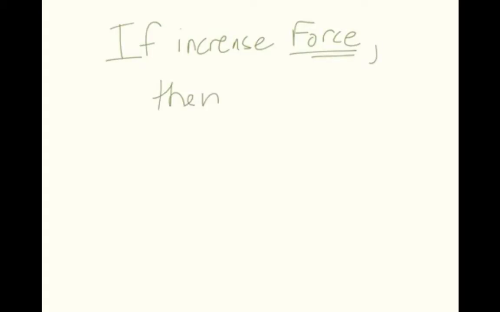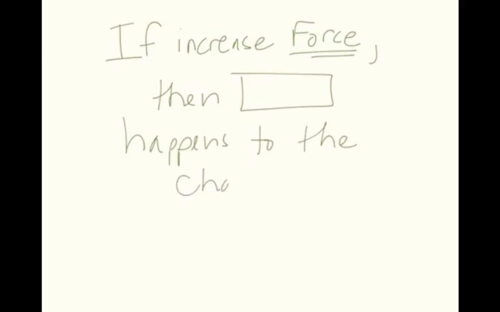Let's say we're talking about an object like hitting a baseball with a baseball bat. What if you were to increase the force? Then blank happens to the change in velocity.